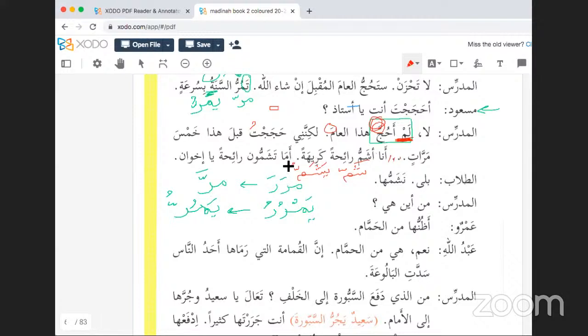And then he said, أما تشمون رائحة يا إخوان. Do you not smell anything? Can you not smell anything, brothers? So this word shamma also is from the same category. Shamama, yashmumu. The origin of this verb.